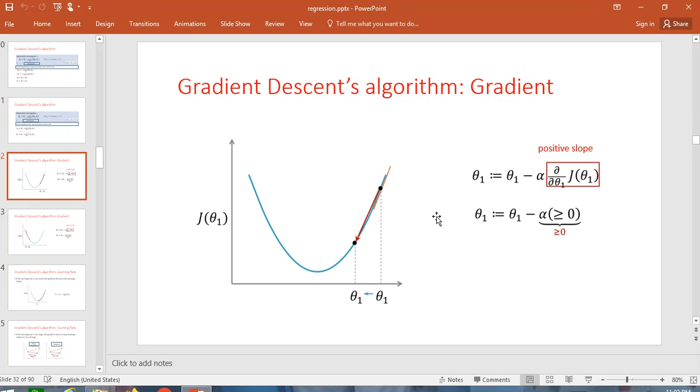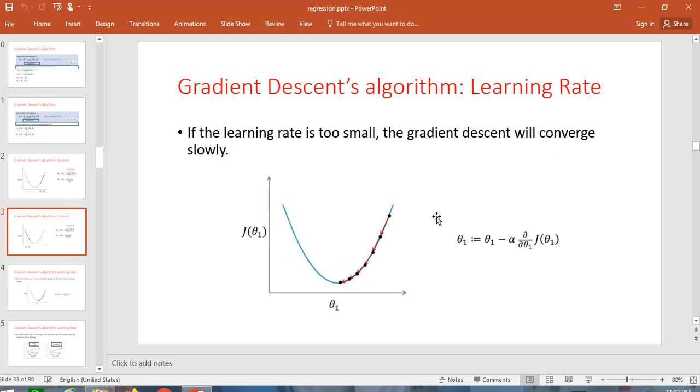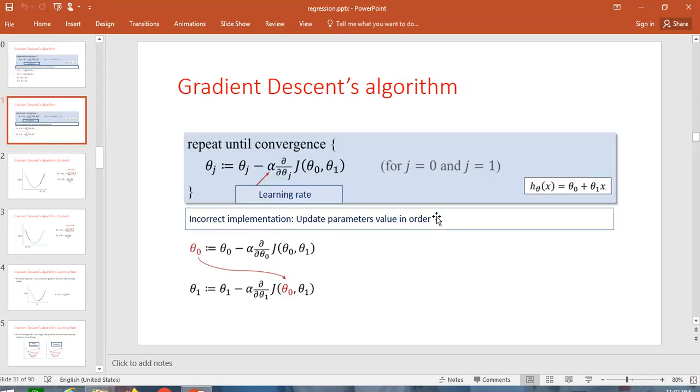Here we have a two-dimensional vector because the number of parameters is 2. The first component of this vector is the partial differential of the J function with respect to the first parameter, which is theta 0. You can see this here, okay?